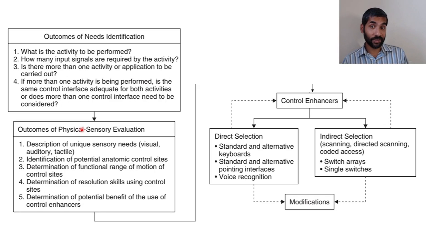Which control sites can actually be used? And based on both these, you can then talk about some control enhancers and go either for direct selection or indirect selection, or some modification of both of these, which would be appropriate to the user. Hopefully, that gives you a sense of how we would design human technology interfaces.